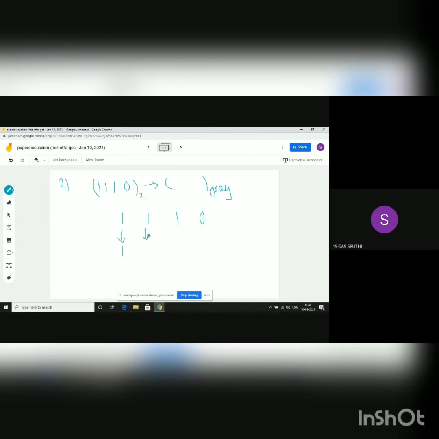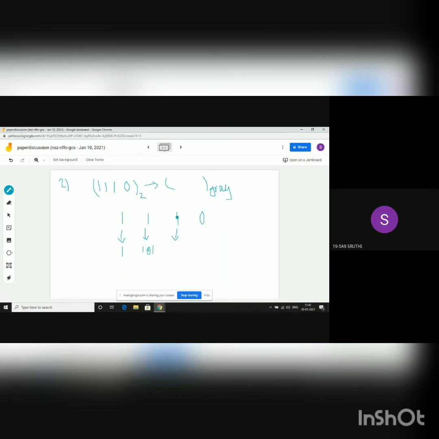Then the second digit is XORed with the previous digit. That is, this second digit is XORed with the first digit. That is 1 XOR 1.